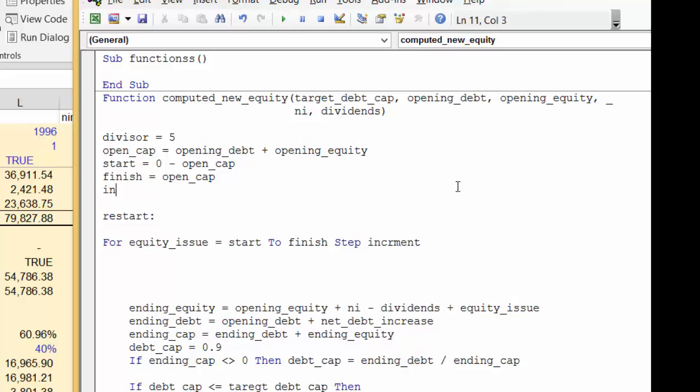and then the increment is equal to the finish, which is a positive number, minus the start, which is a negative number, so that's a really big number, and we divide it by the divisor.